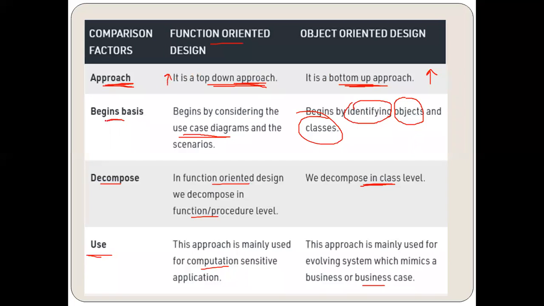Next parameter is how to begin. When we start the design for function oriented, we work on use case diagrams and scenarios. So this is very important. While when we work on object oriented design, the first work is to identify the objects and the classes.